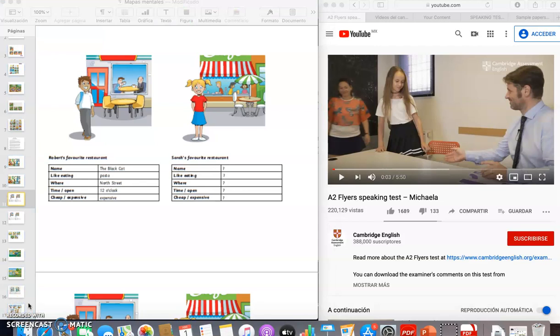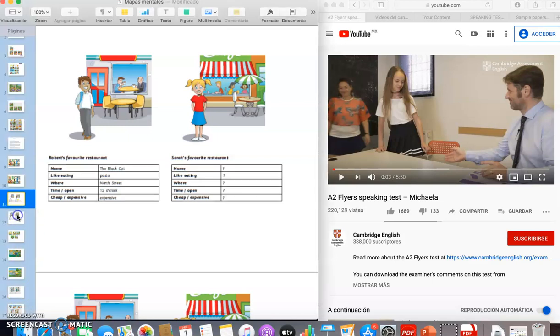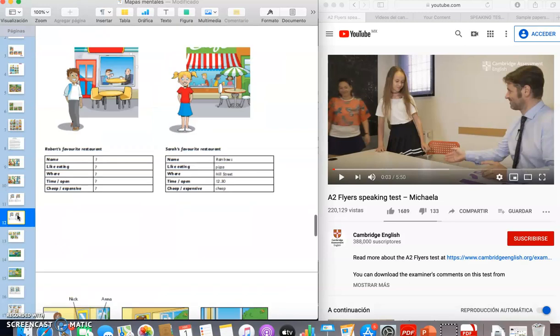Now you are going to ask the question about Sarah, and the examiner that has the answers will answer you. Okay, now you can ask, for example, what's Sarah's favorite restaurant's name? And he will answer, Sarah's favorite restaurant's name is Rainbows. So you keep doing that until you finish all of these options.